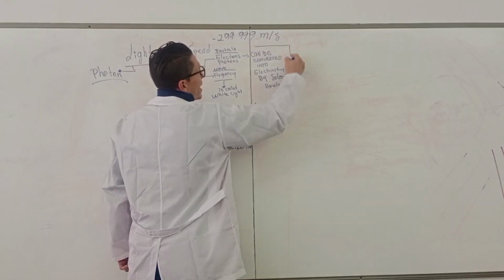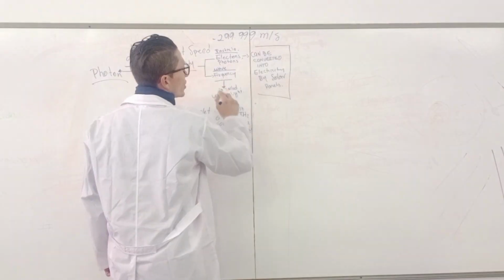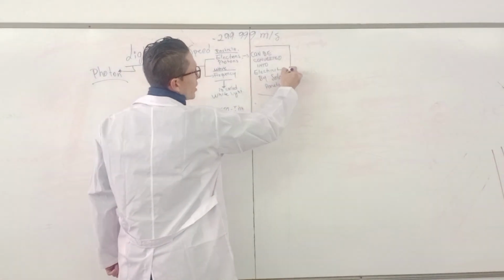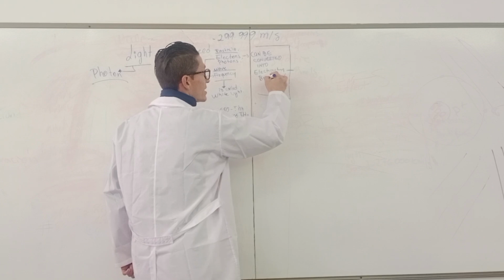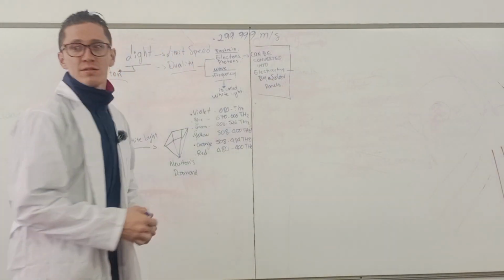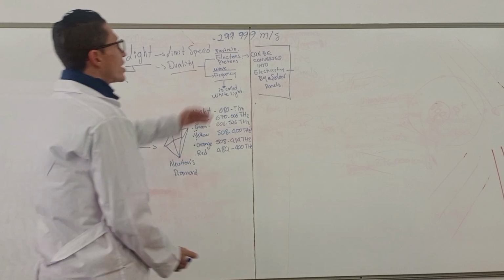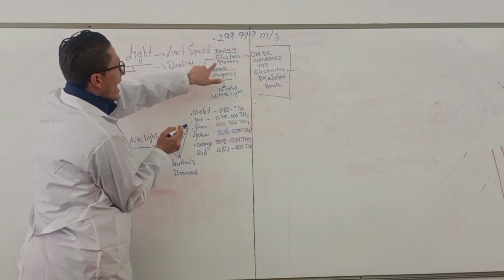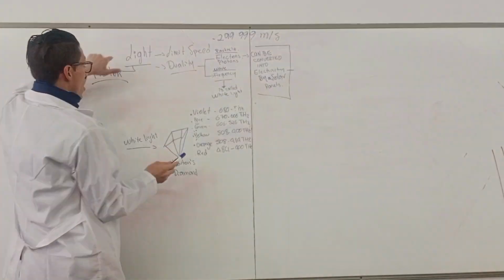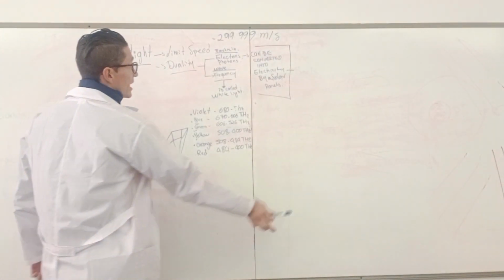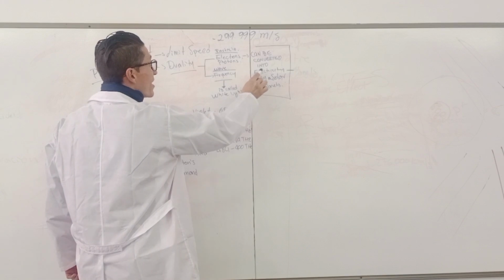Those electrons can be converted into electricity by a solar panel, right? That solar panel will convert the electrons or the photons of the light into electricity, right?